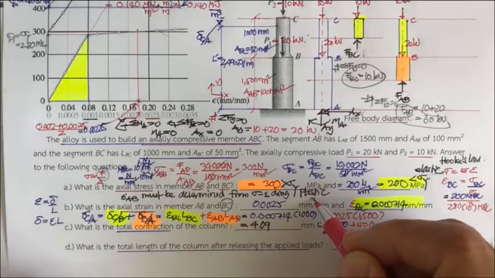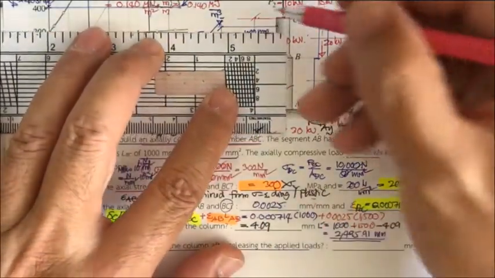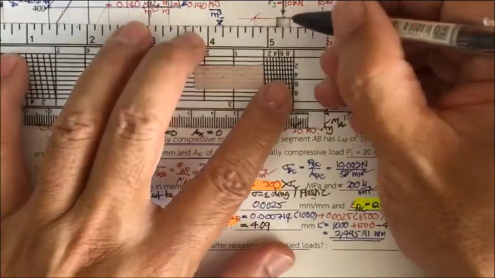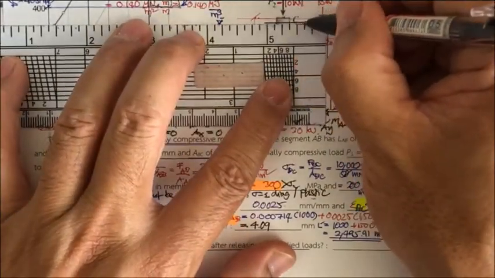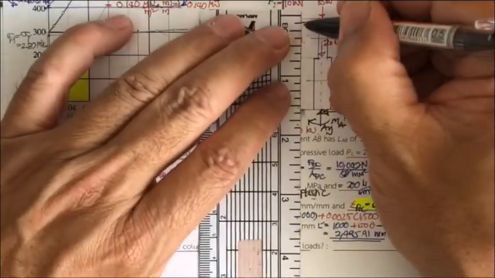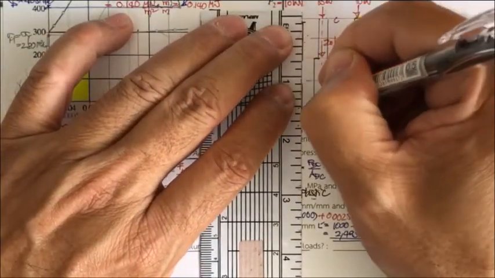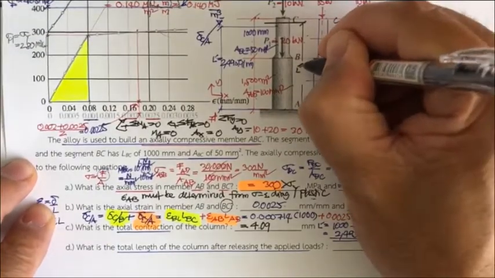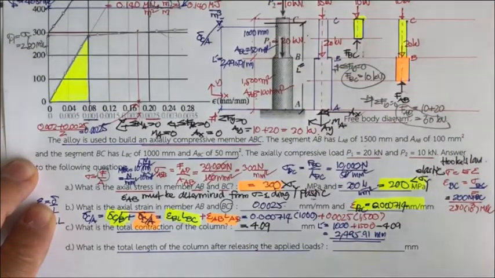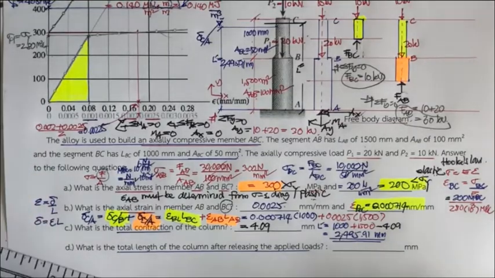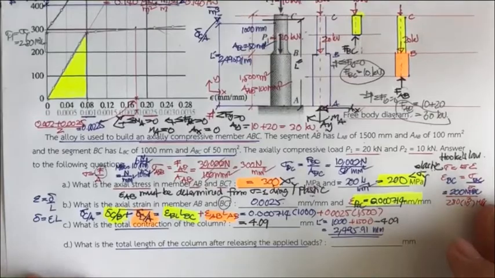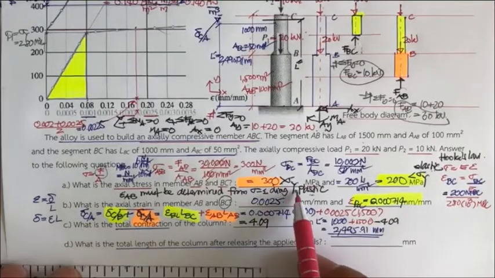If you understand that, your column will have this length. Let us call it L double prime.